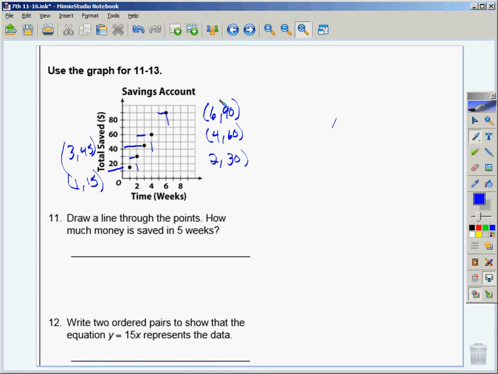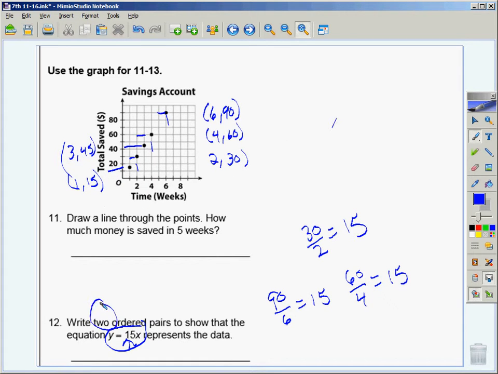The reason they wanted these ordered pairs is so that you could show that 90 divided by 6 came up to 15. 60 divided by 4 came up to 15. 30 divided by 2 came up to 15. No matter which of these 5 ordered pairs, I should have picked how many of them? 2.